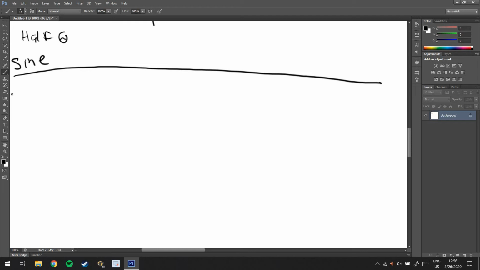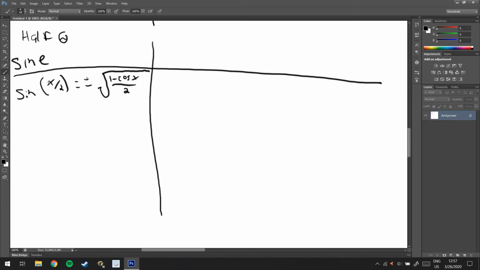For sine, we had sine of x over 2 is equal to plus or minus, depending on the angle, the square root of 1 minus cosine of x over 2. If you're given an angle that fell in quadrants 1 or 2 for sine, it would be the positive. If your angle fell in quadrants 3 or 4, it'd be the negative.